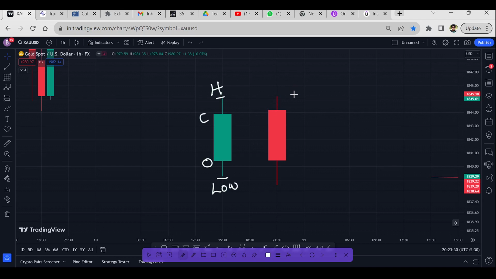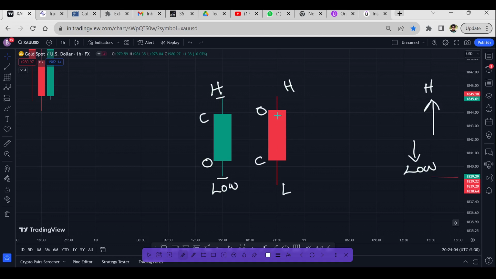The same in the bearish candle, high and low will be the same. Since the price scale is in descending order, if anything moves to the upside, it will set only high points. If any movement goes down, it will record a low point, right? In the same way, here we have the opening here and the closing here.